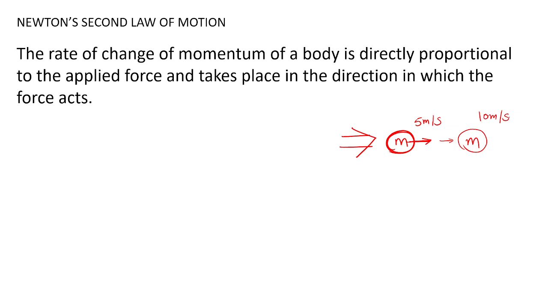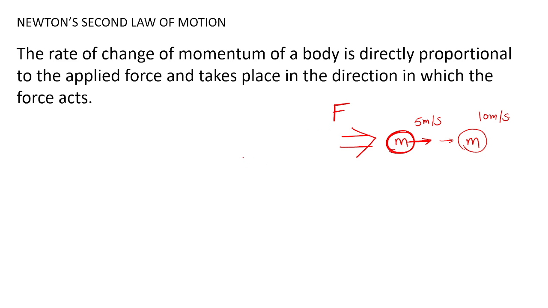So using Newton's second law, we can derive the formula for force. Some force is applied that results in change in momentum. Okay, so I want to derive the formula for force.